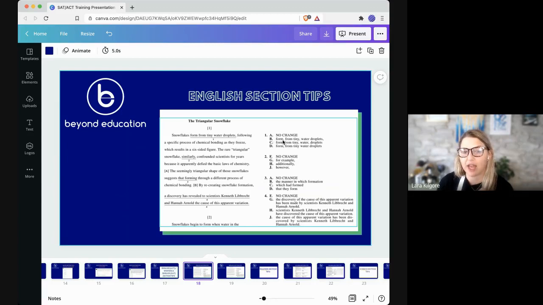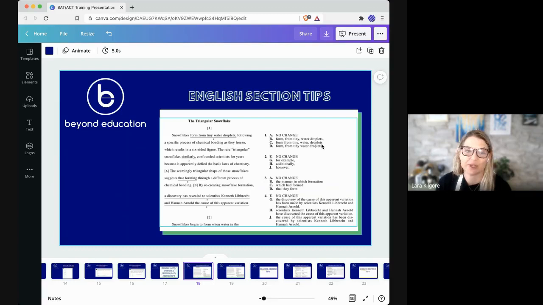This other option has a comma splice where it's snowflakes form, comma, from tiny water droplets, or form from tiny water droplets with no comma, with an extra comma here. And then you see comma here, but no comma in between. So it's testing to see, hey, do you remember that between 2 adjectives that are sandwiched together, you have to have a comma? And then do I need a comma splice?